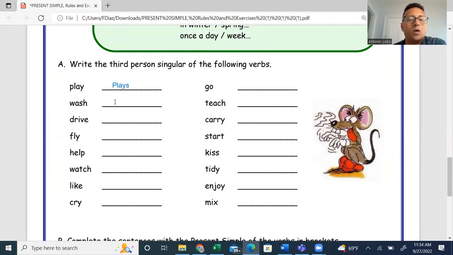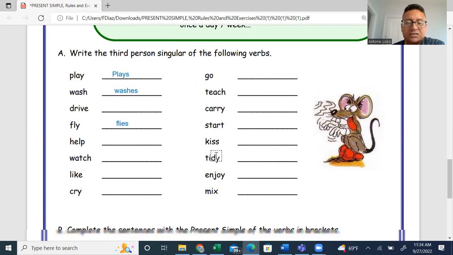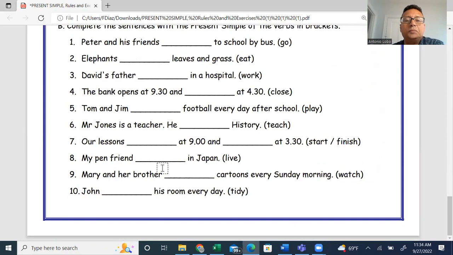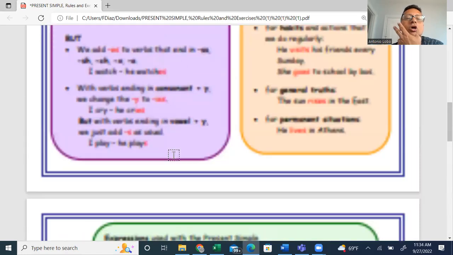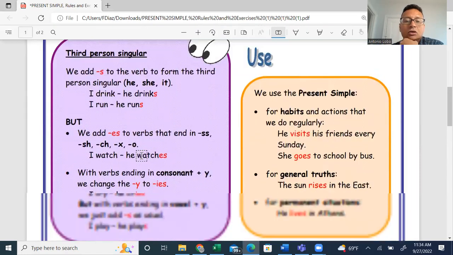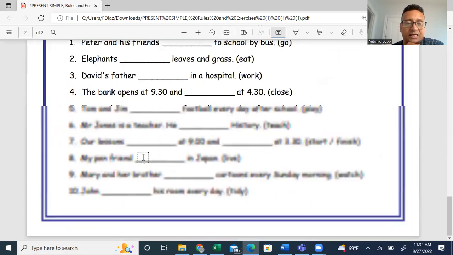The third person of wash is washes. Okay? Drive. Fly. The third person of fly, you see, consonant Y, is flies. Right? So this is going to be your first exercise, and this is going to be your second exercise. Always look at the chart to complete the exercise, okay?